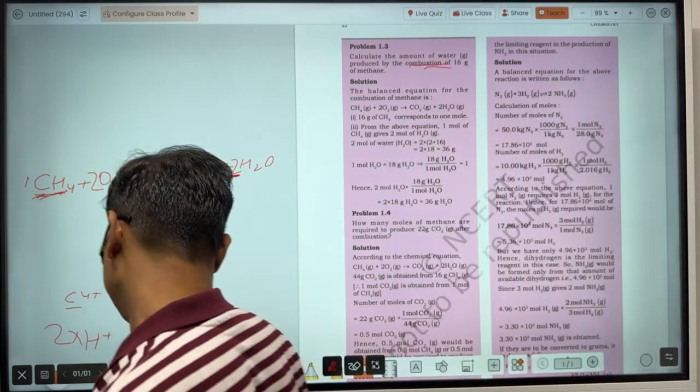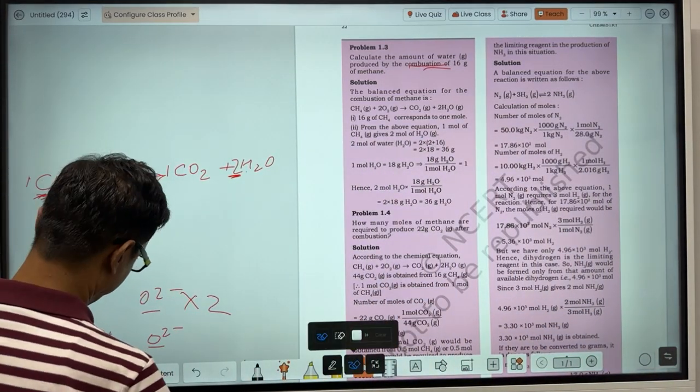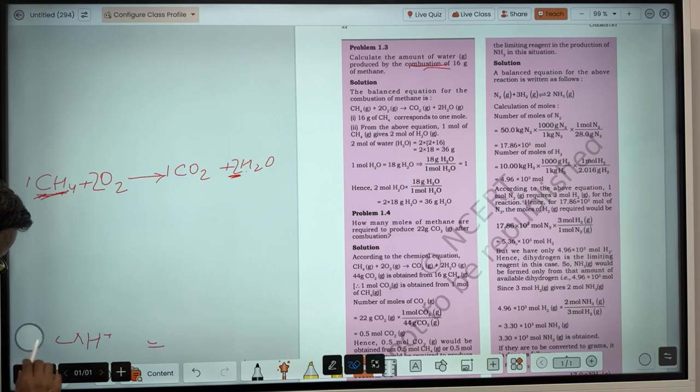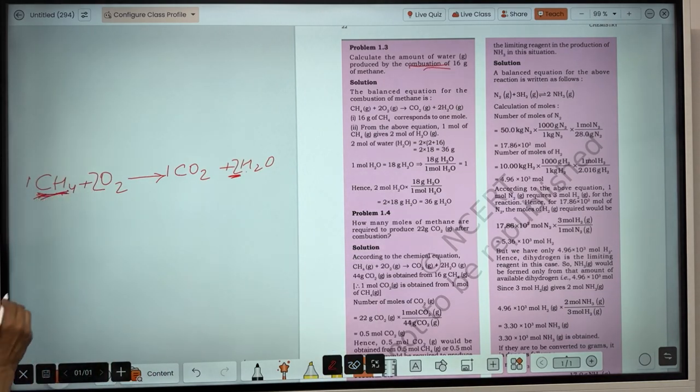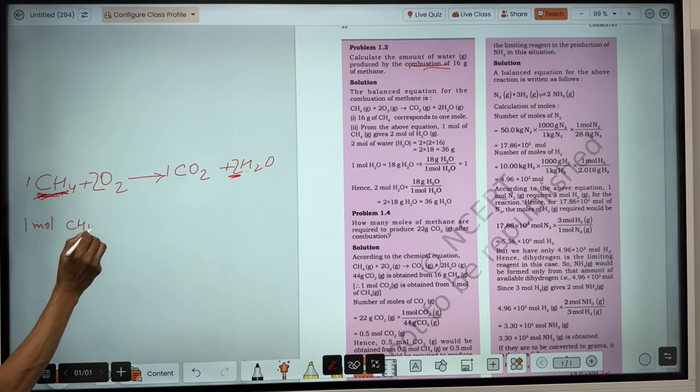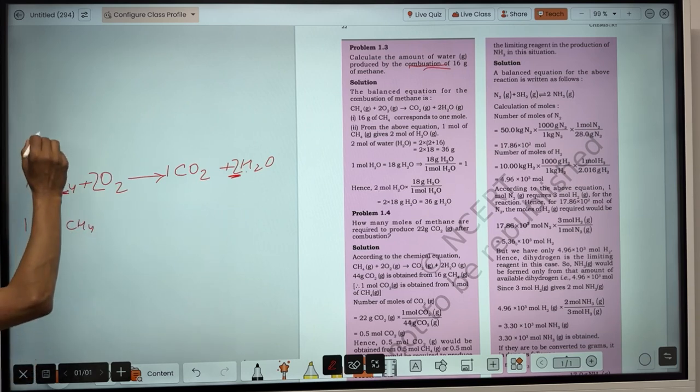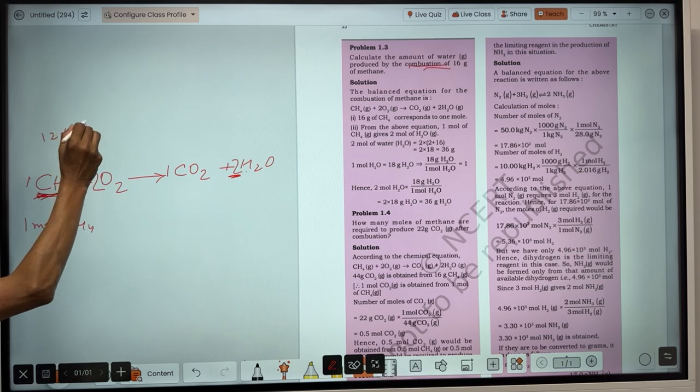So let's see here. 1 mole of methane means how much weight? 12 for carbon and 4 times the atomic weight of hydrogen as 1. So 12 plus 4, that is 16.